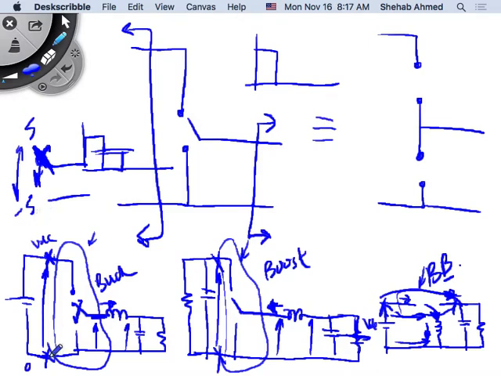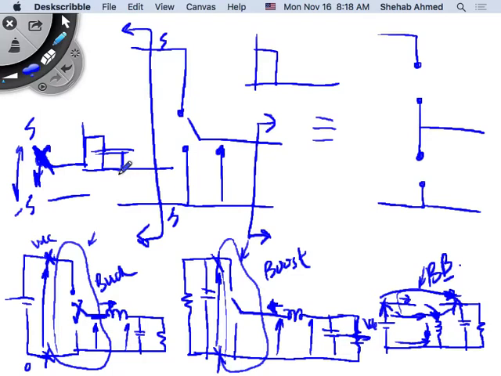Minus 5 is like my 0 point. If I'm looking at the voltage here, it's either going to be 5 or minus 5, correct? So what am I doing? I'm staying at 5 for a while and then minus 5 for a while.